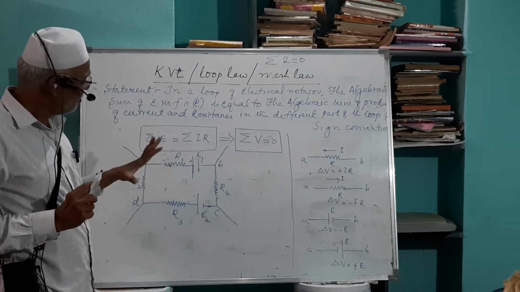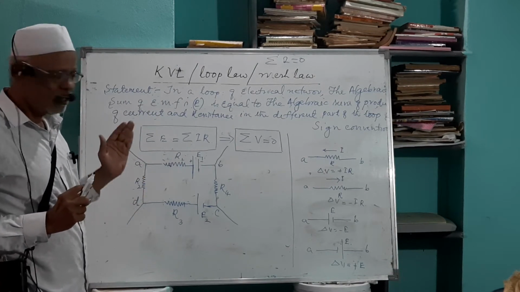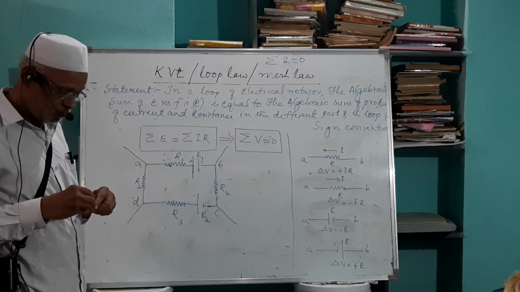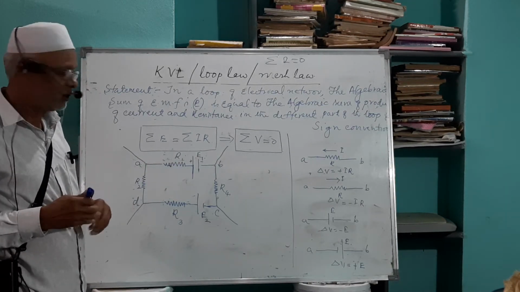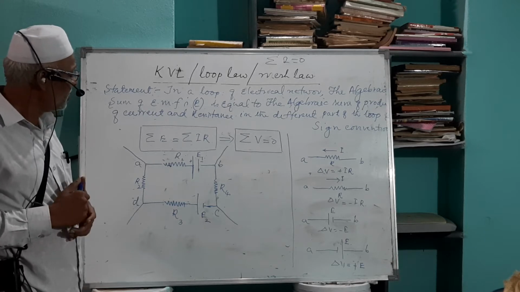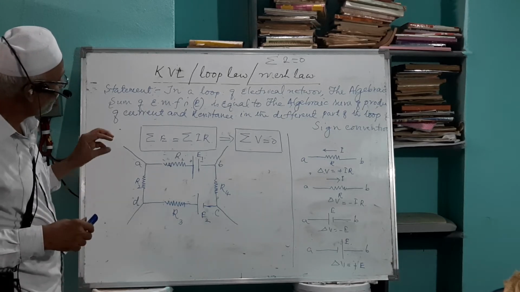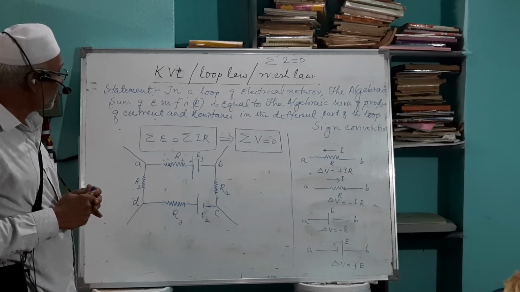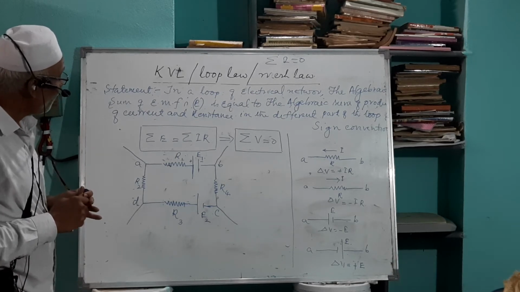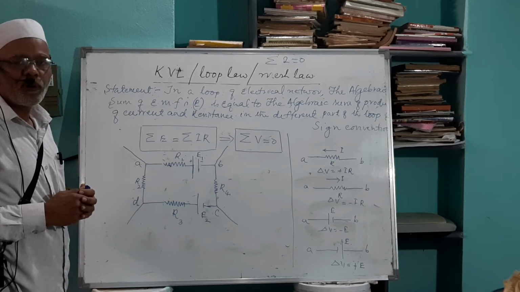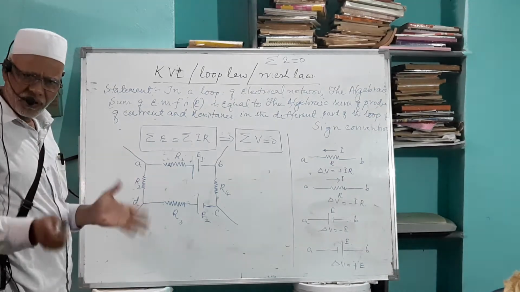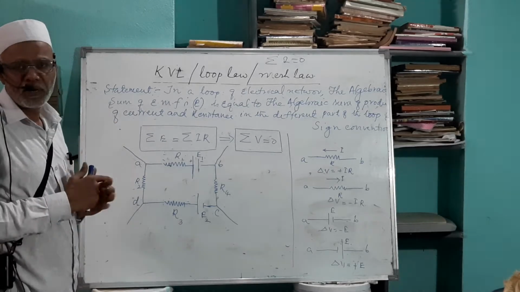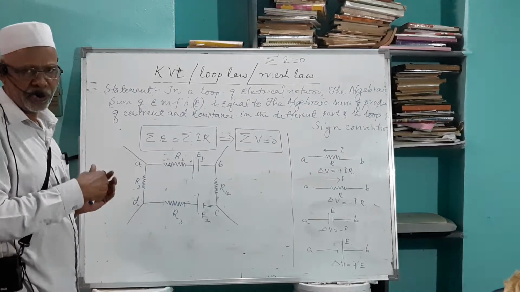Now we have to apply the KVL law, but before that you have to be familiar with the network rules. According to the network rule, look at the complex circuit. The first step is that you have to show the direction of current from the positive terminal of the battery towards the negative terminal.